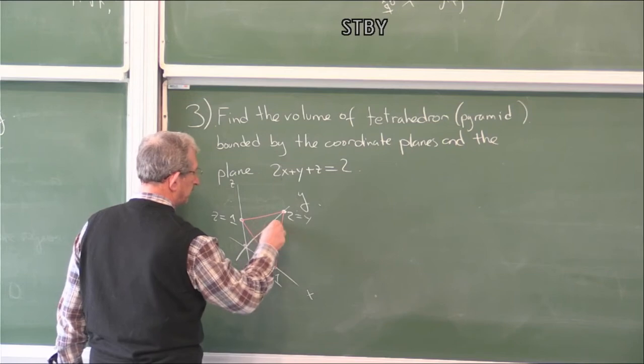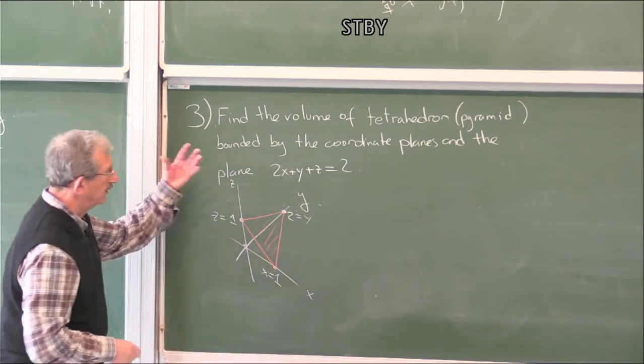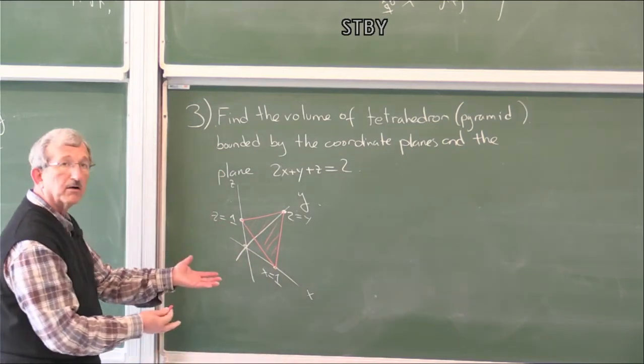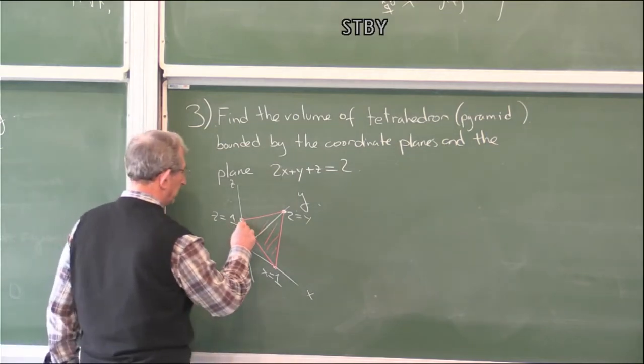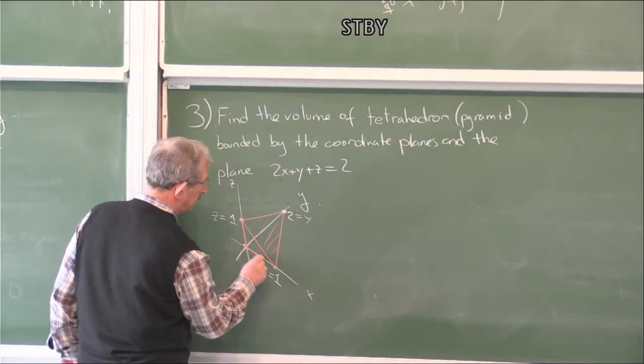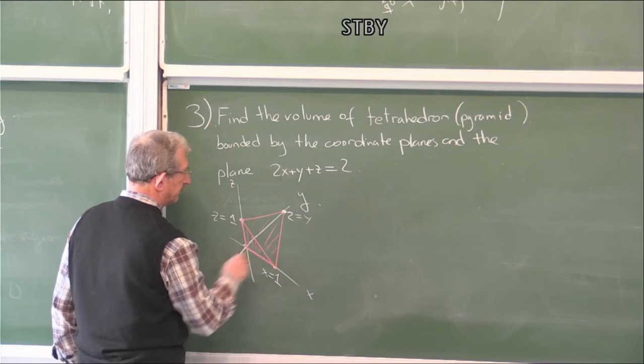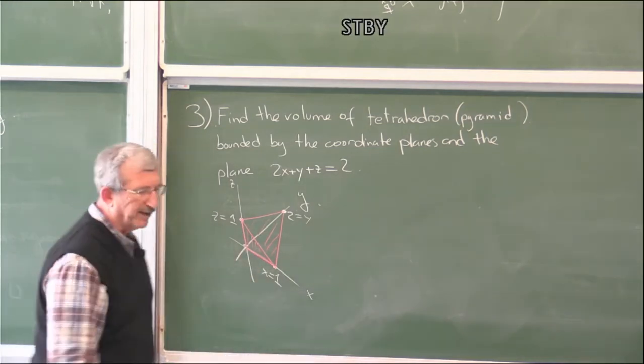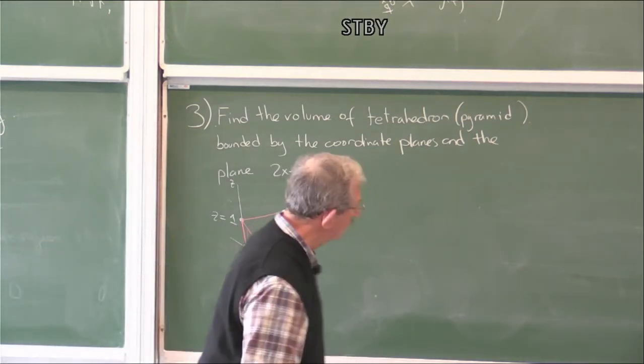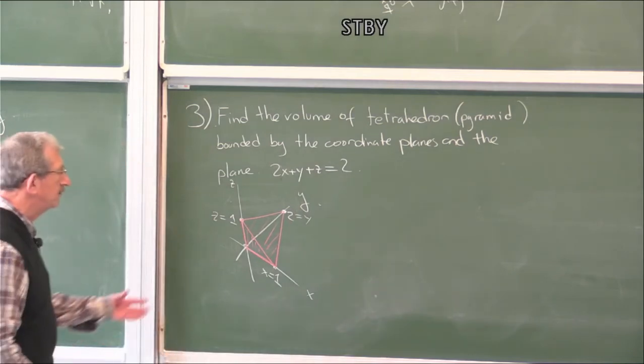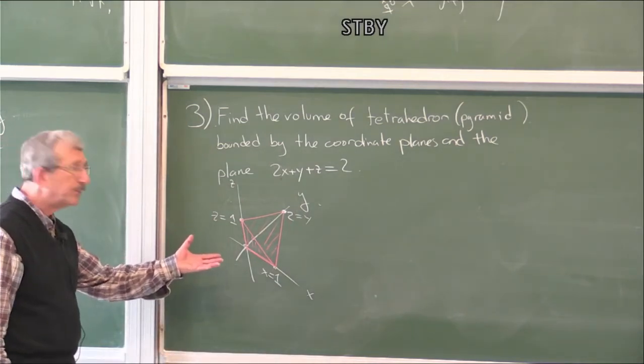Now, this is the top of the tetrahedron. The sides are the coordinate planes. So it looks like this. It's a triangular pyramid, if you want. Now we want to calculate the volume of this.